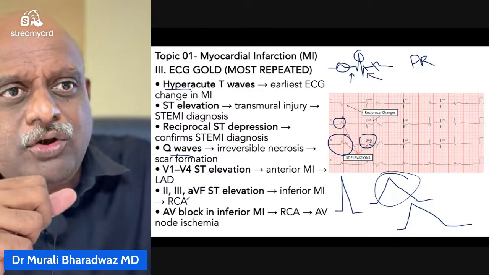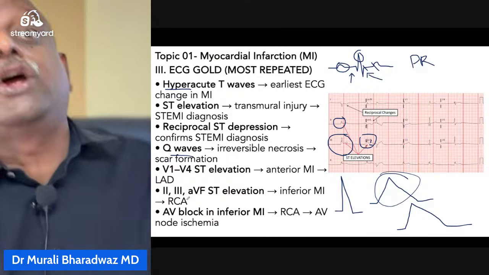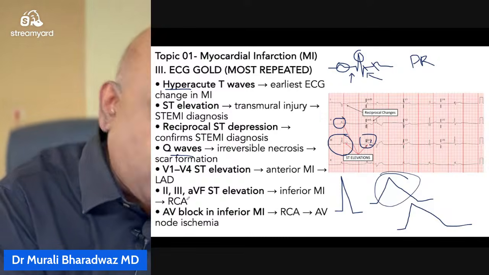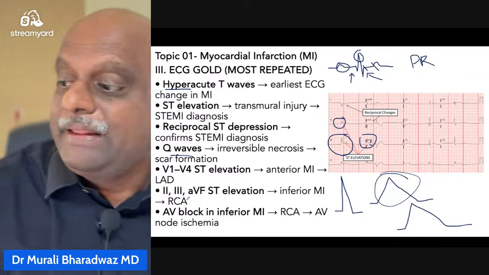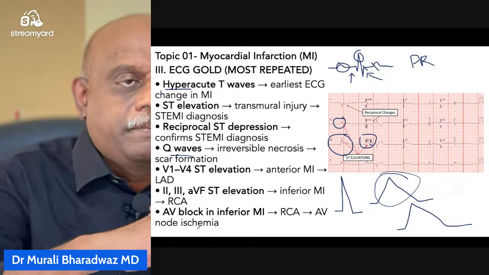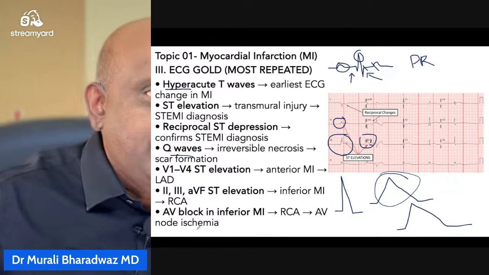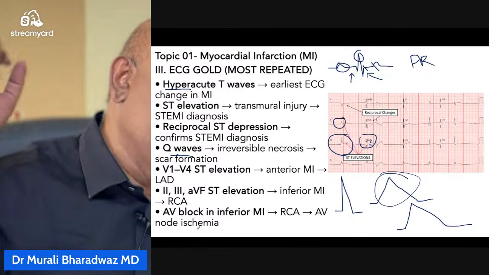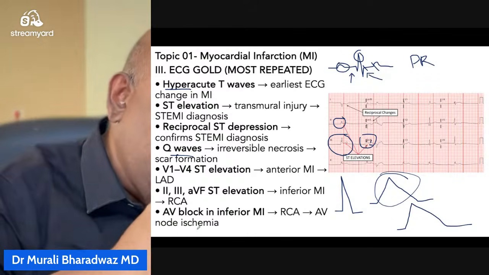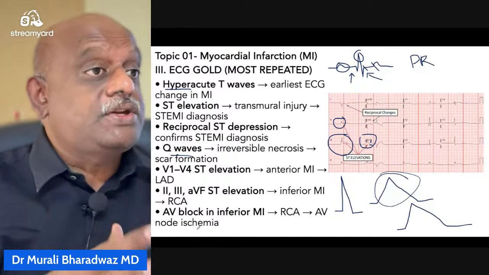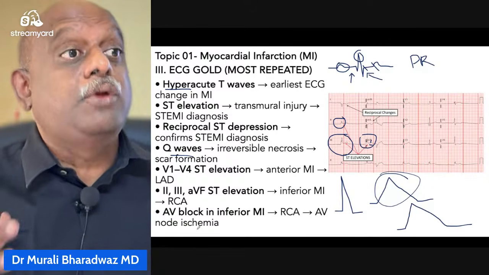This AV node is supplied by the right coronary artery. So whenever there is right coronary artery occlusion, it will cause the AV node to become completely blocked. That means it won't let any of the atrial depolarization pass into the ventricle, and that situation is called AV block.